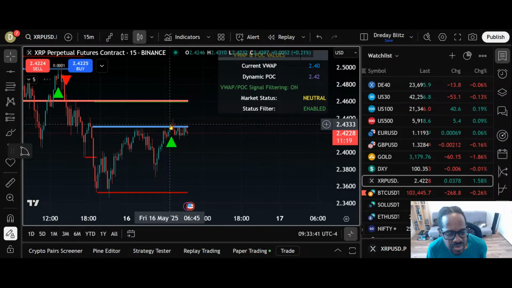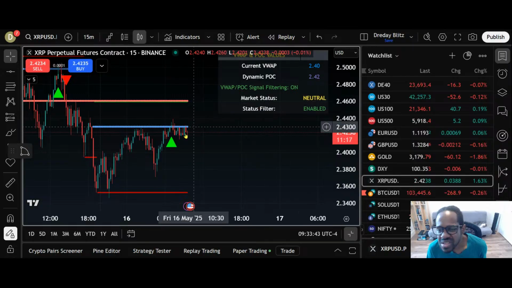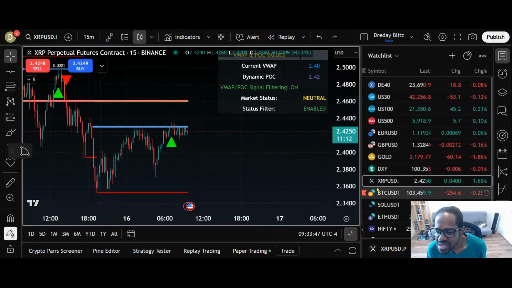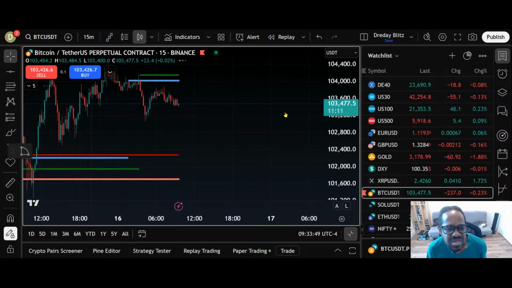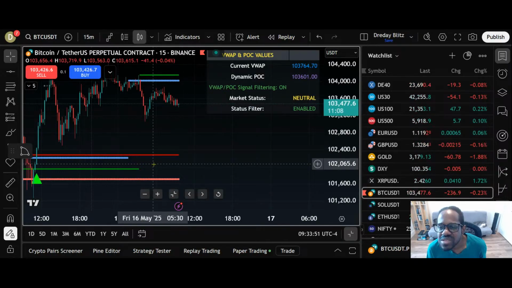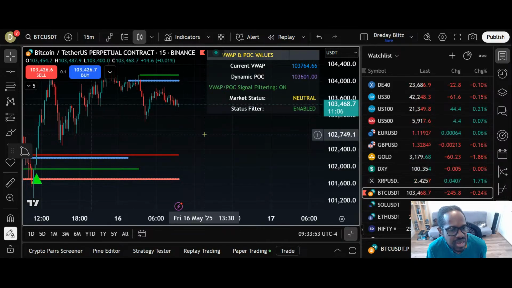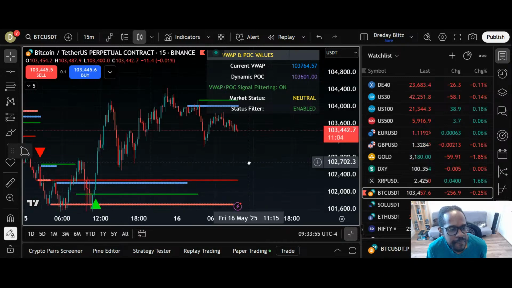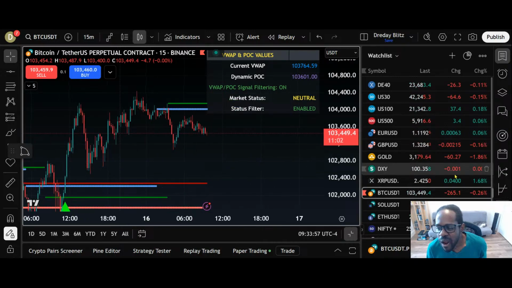We have a buy signal here on XRP at $2.42. Bitcoin's at 103K.